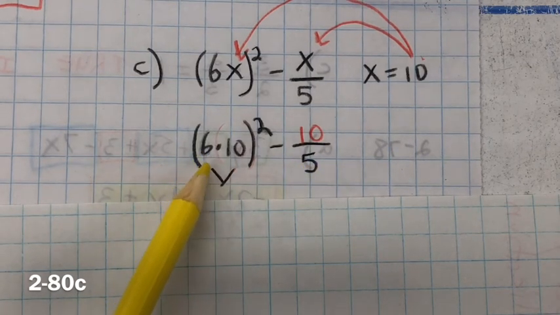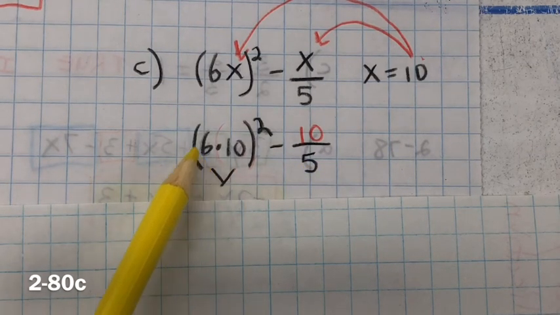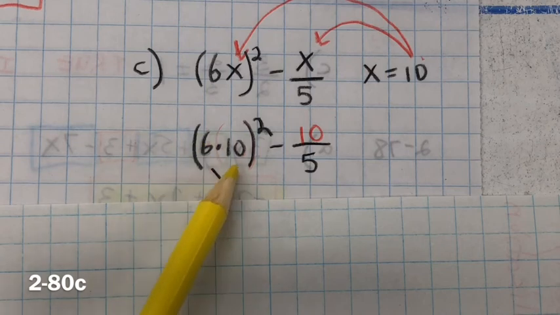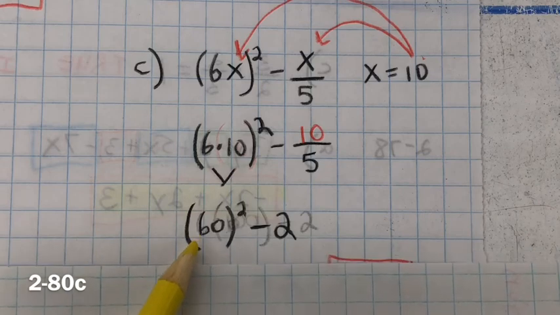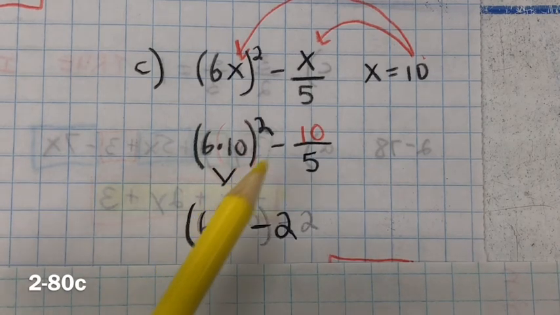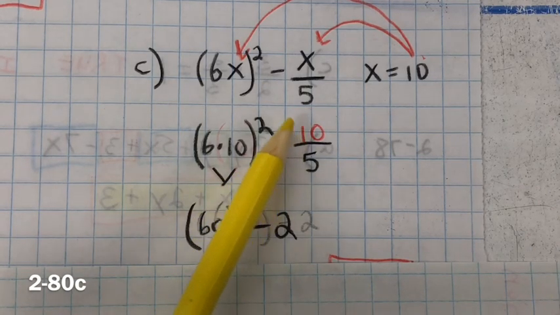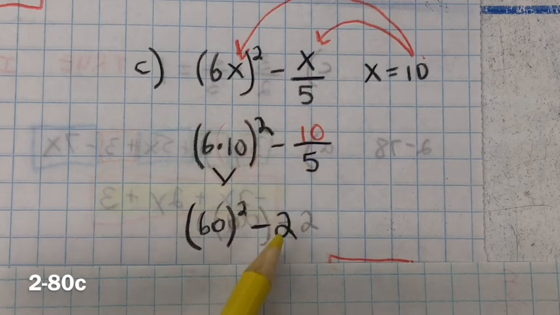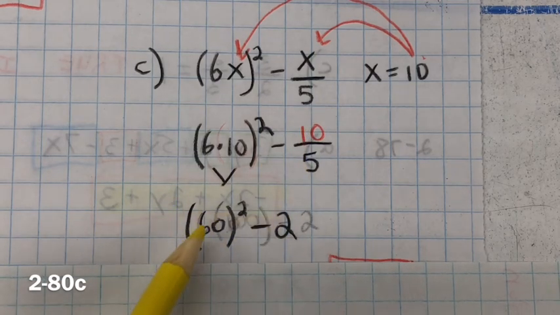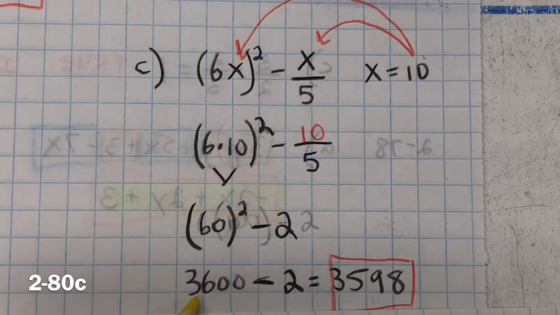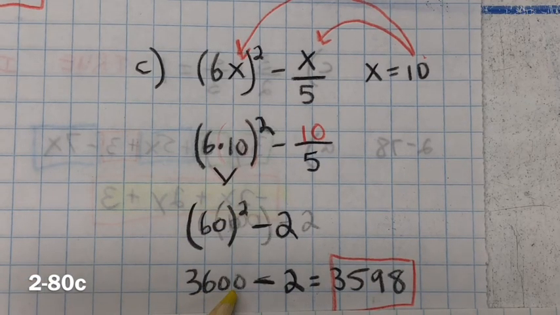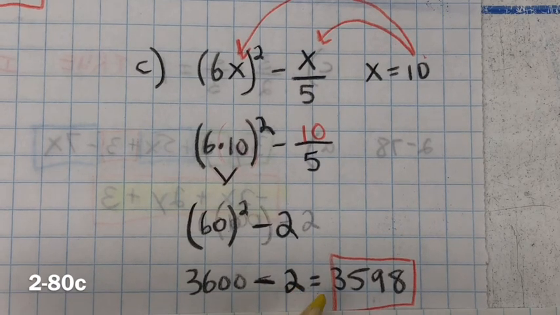So I'm going to follow order of operations, GEMDAS, grouping symbols first. So 6 multiplied by 10 is 60. And then 10 divided by 5 is 2. Now 60 squared equals 3,600 minus 2 equals 3,598.